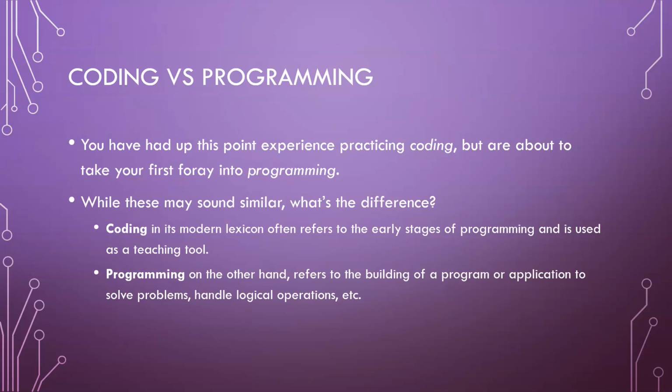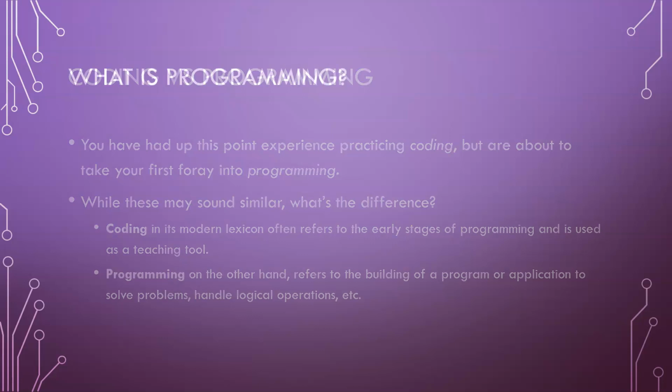Obviously, you're going to be coding when you're programming because you're writing lines of code, but programming is generally considered the more traditionalist approach where you're writing full-on applications. We won't get into all the nuances of that in the scope of what we're learning, but we're going to get a good introduction to some of those fundamentals.